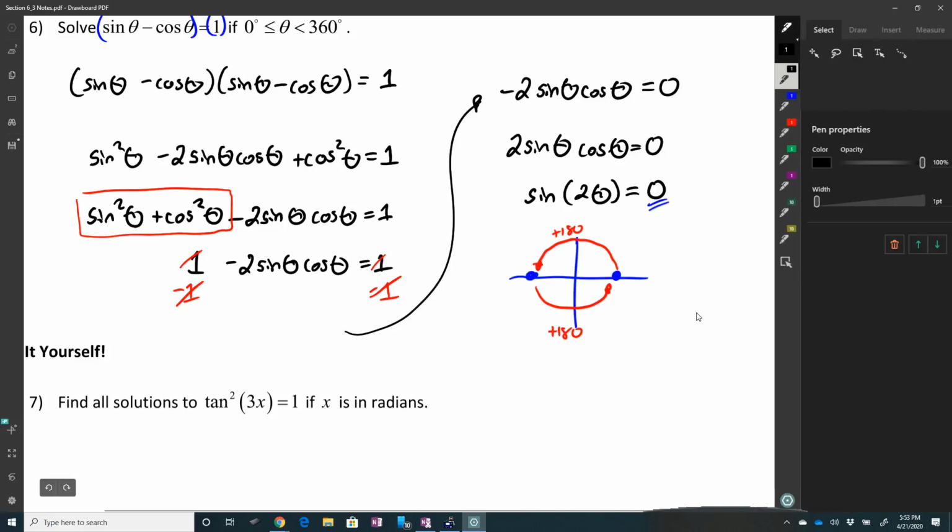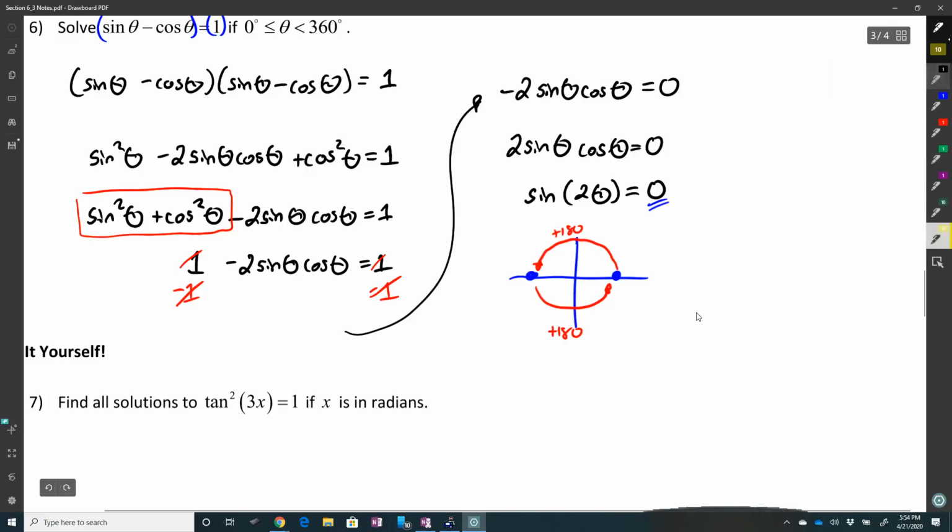Okay, so my solution is going to be the inside 2 theta is equal to, we're starting at 0, plus 180k. But I divide by 2. And if I divide by 2, I still get 0 degrees plus 90k.